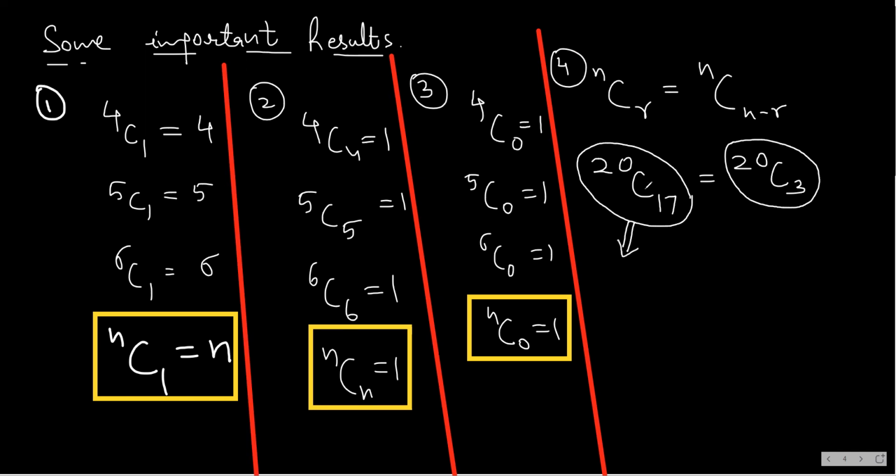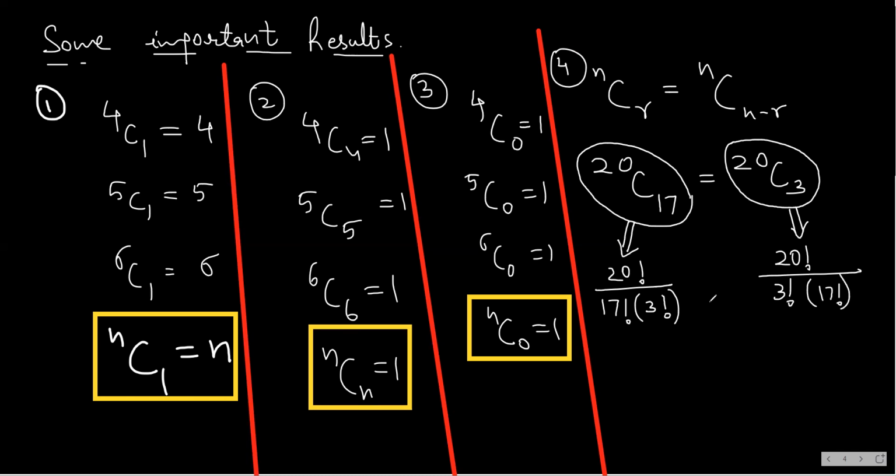Let me apply the formula for 20C17. It is 20 factorial upon 17 factorial into (20 minus 17), 3 factorial. Now let me apply it here. So here I will get 20 factorial upon 3 factorial into (20 minus 3) factorial, that is 17 factorial.